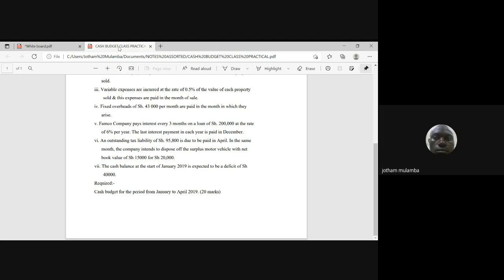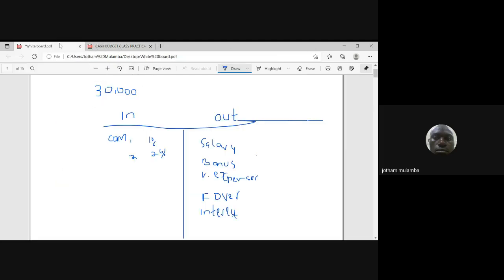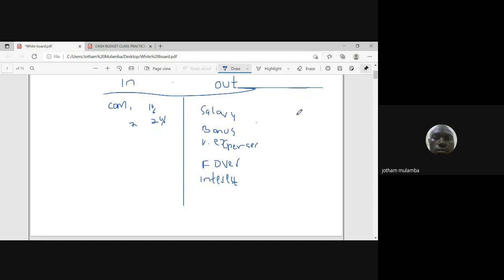So that statement has 2 elements. We have tax, which is money out, which we will record here. Then we'll also have a sale of vehicle.